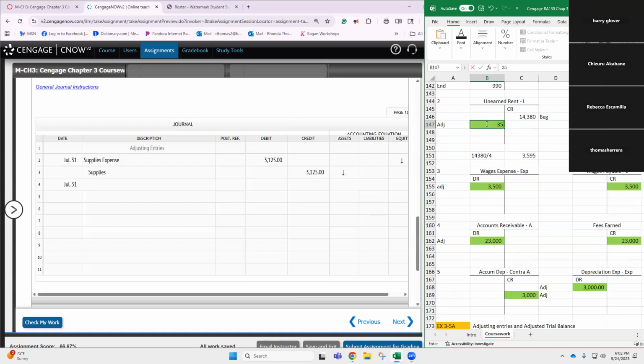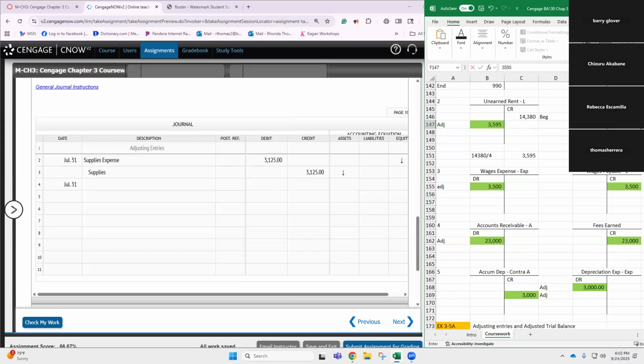So 35.95. We're gonna show that we earned it. How did we do it? We didn't do anything. Time just passed. Okay, so when we received that 14,380, cash went up. That was back whenever we received it before the month of July, and now 1 month has passed.